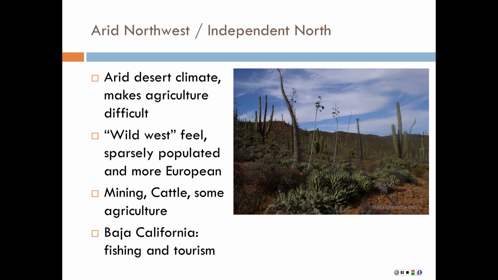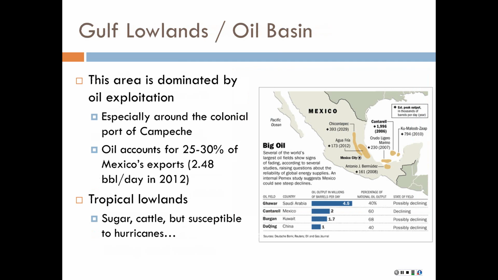They tend to focus on cattle ranching and extensive land uses, some mining, a little bit of agriculture. And then Baja California is connected physically to California, so there's a lot of tourism and then a pretty large fishing economy there.